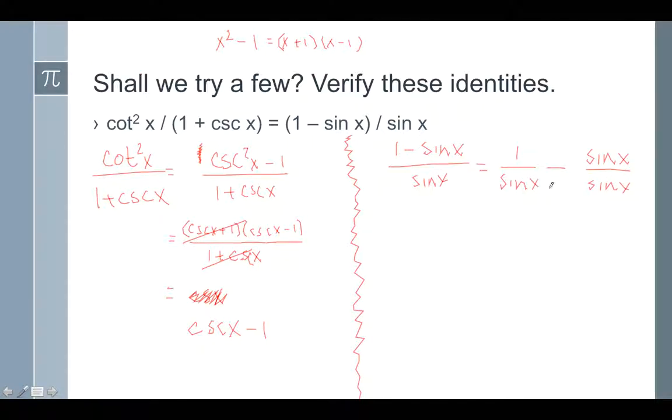Notice they have common denominators, which will still get me this left-hand piece. Well, 1 over sine is cosecant x, and sine over sine is 1, and now we have cosecant x minus 1 and cosecant x minus 1, check mark. We have verified this identity.